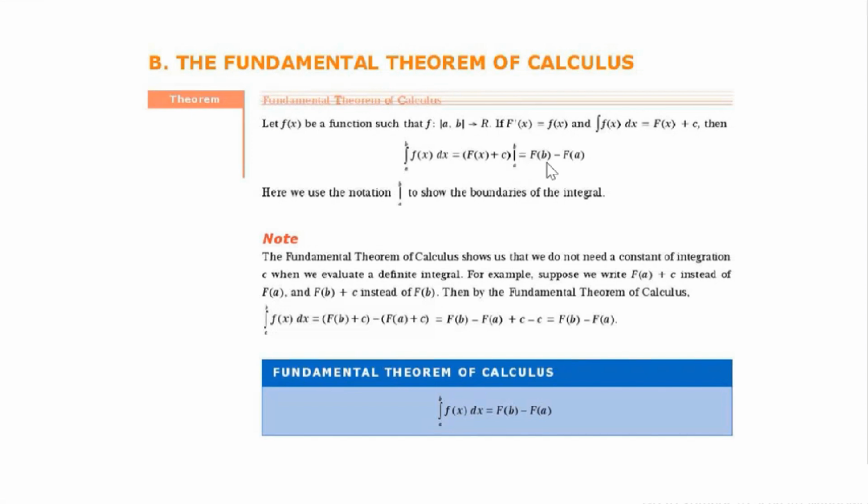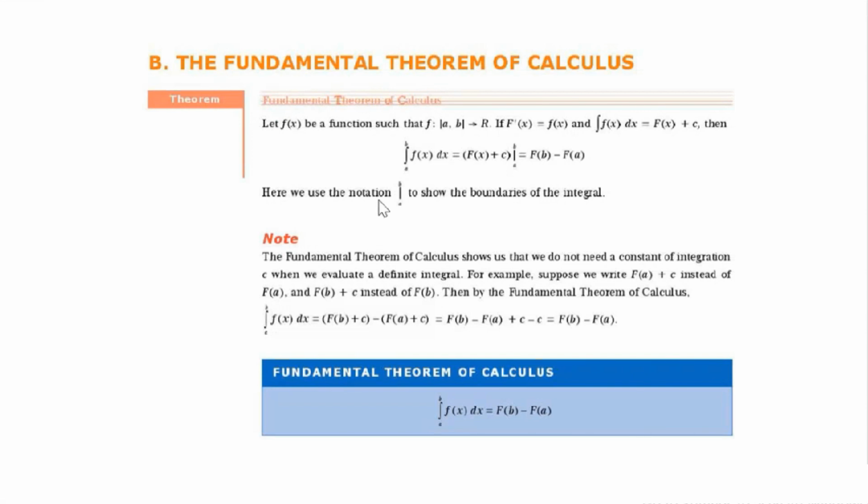Then that would be simplified. We are going to substitute the value of x, starting from the upper limit minus the lower limit. So this is what I used in the two previous examples. So we have here F of b minus F of a, where b is the upper limit and a is the lower limit.